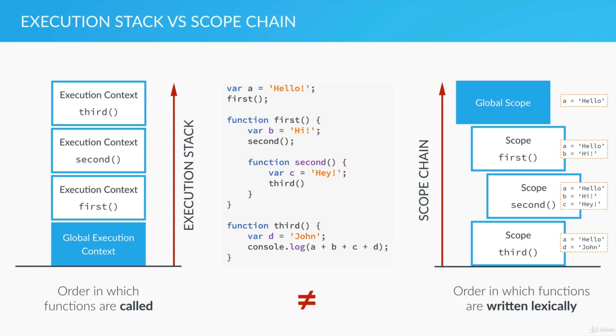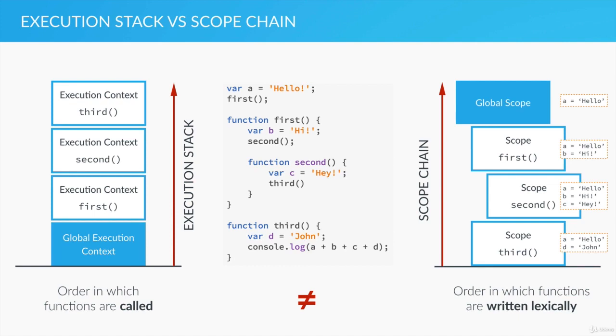Since the third function is not in the scope of the second function, of course it cannot access variables b and c defined in the second and first functions. It can only access the global variable a, because the function is written in a global scope. So it's the execution contexts that store the scope chain of each function in the variable object, but they do not have an effect on the scope chain itself. This is important to understand.